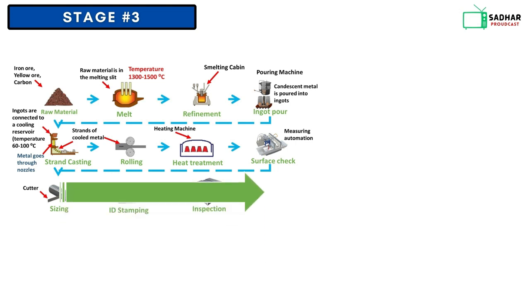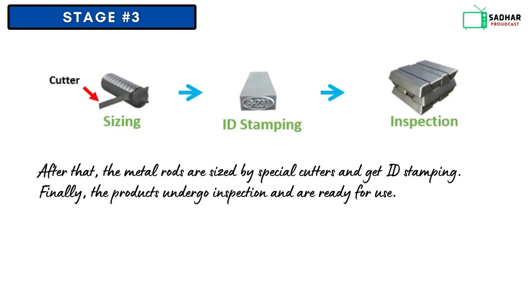Now the next one is stage 3. Now there are only 3 steps here, and then we can write, after that, the metal rods are sized by special cutters and get ID stamping. Finally, the products undergo inspection and are ready for use. So this is the next step, sizing.